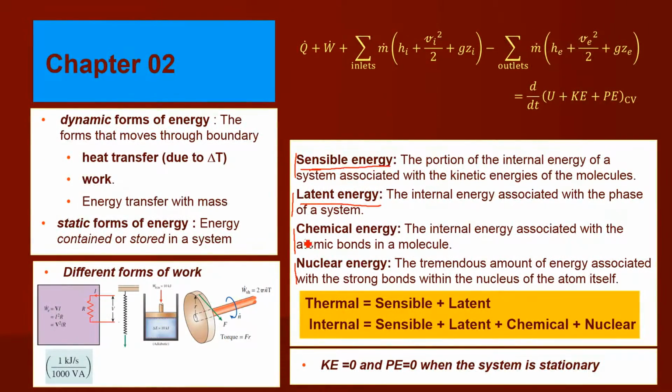And chemical energy is the energy that is stored within the bonds of a molecule. And nuclear energy is the energy hidden in the nucleus of the atom. And if you take all of these together, we call it internal energy.